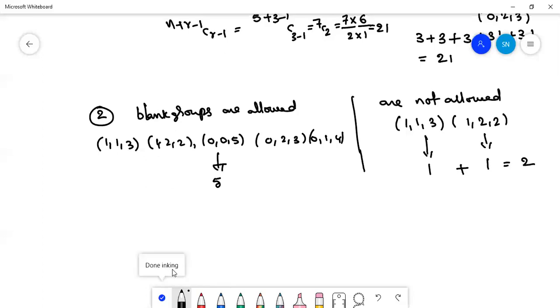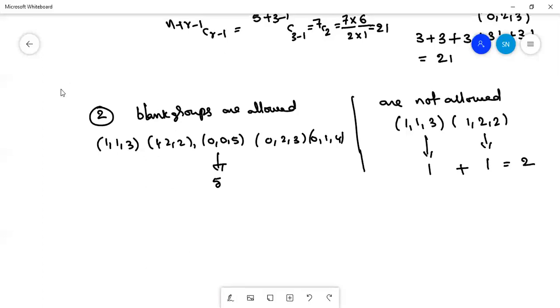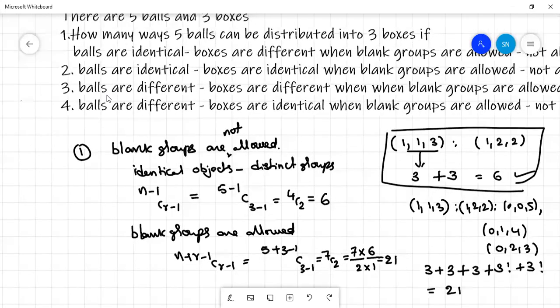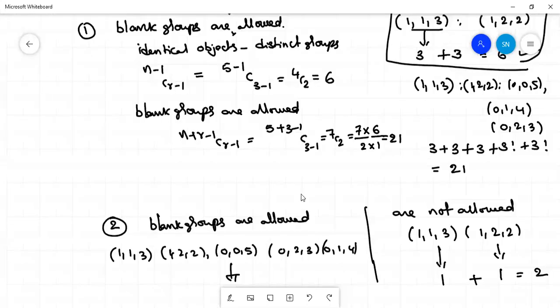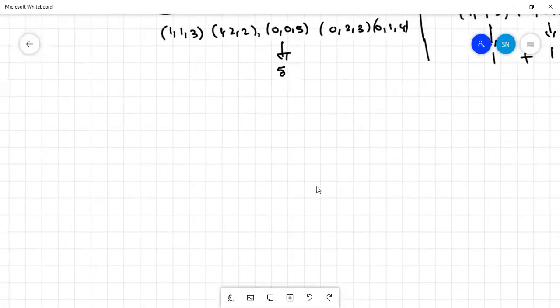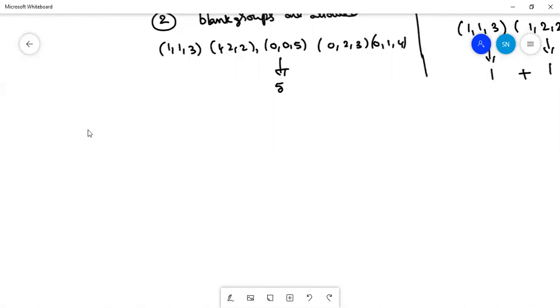So coming to the third point: balls are different, boxes also different. Balls different, boxes different.